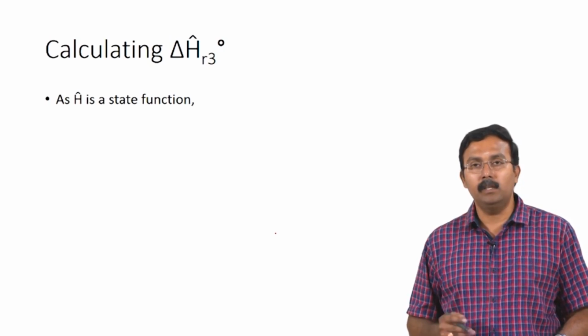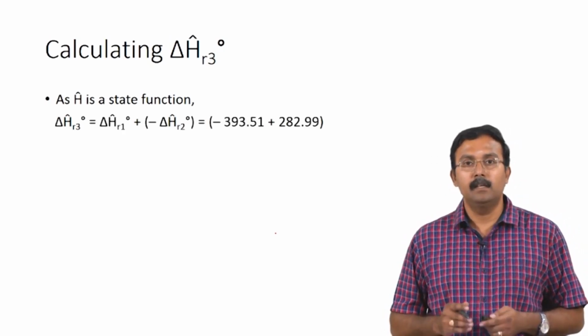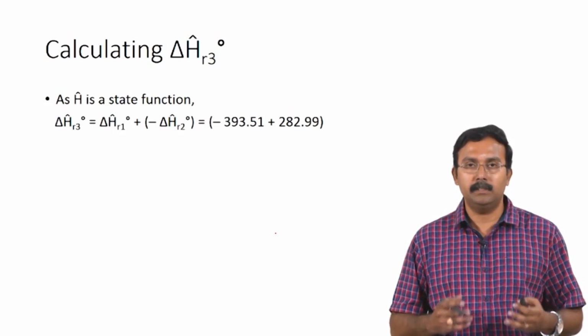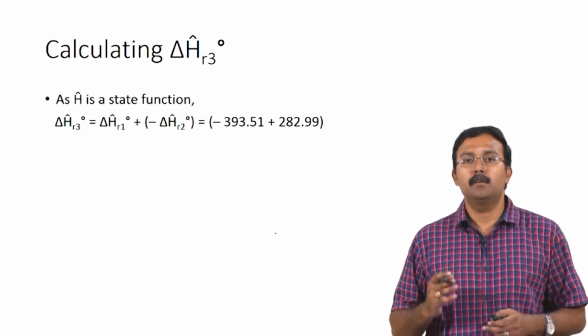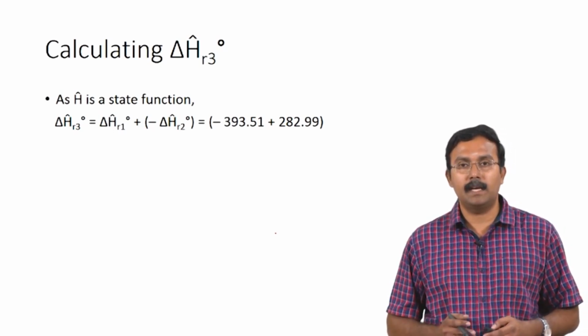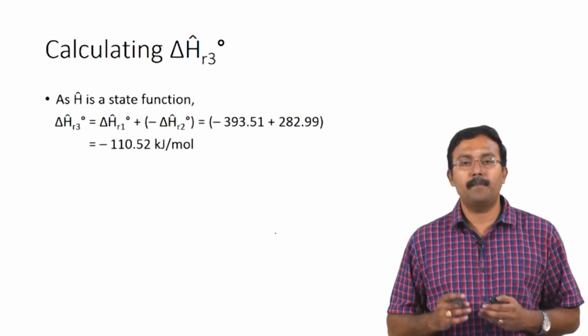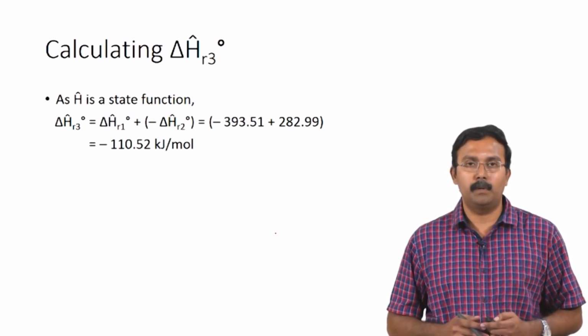We know that specific enthalpy is a state function. Using this, we can calculate the heat of reaction for the third reaction, the reaction of interest, as the heat of reaction for the first reaction minus the heat of reaction for the second reaction, thereby calculating ΔHR3 as minus 110.52 kilojoules per mole.